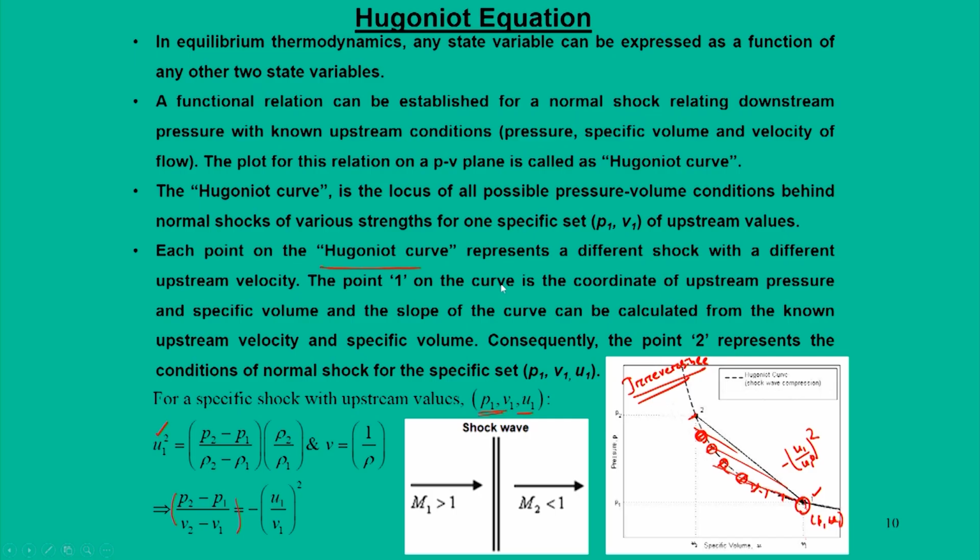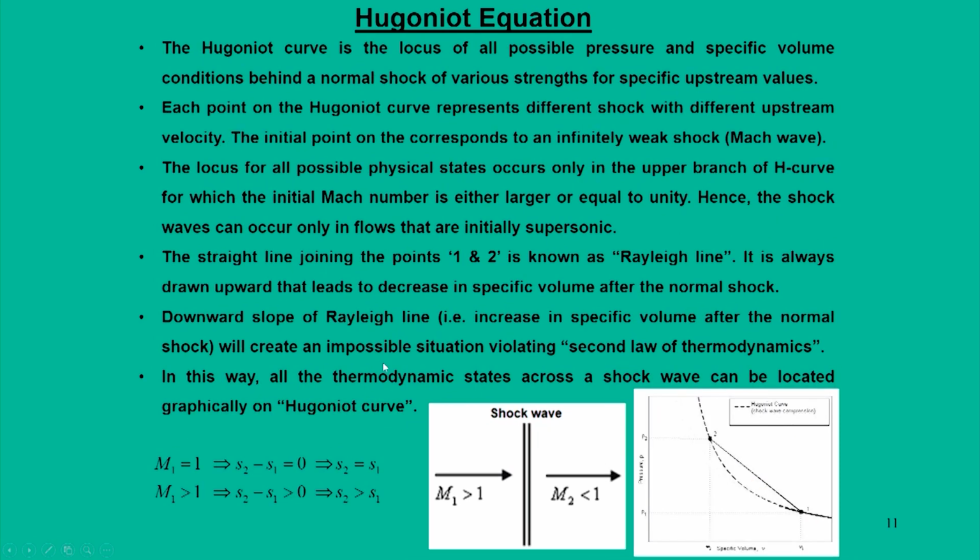Each point on this Hugoniot curve represents a different shock with a different upstream velocity. Point 1 on the curve is the coordinate of upstream pressure and specific volume. The slope of the curve can be calculated from the known upstream velocity and specific volume. Consequently, point 2 represents the conditions of a normal shock for a specific input case, that is P1, V1 and u1.